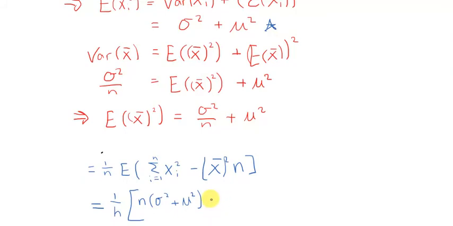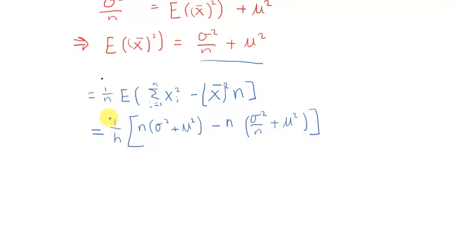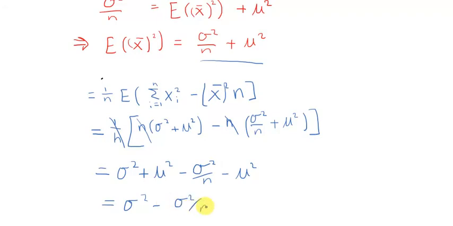The next term is minus this whole expression times n, so n times sigma squared over n plus mu squared. We can see that these n's cancel out, and we get sigma squared plus mu squared minus sigma squared over n minus mu squared, which is equal to sigma squared minus sigma squared over n.